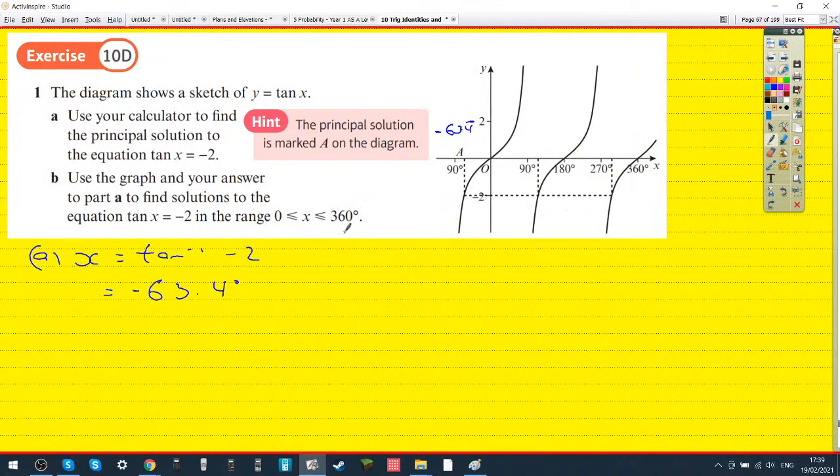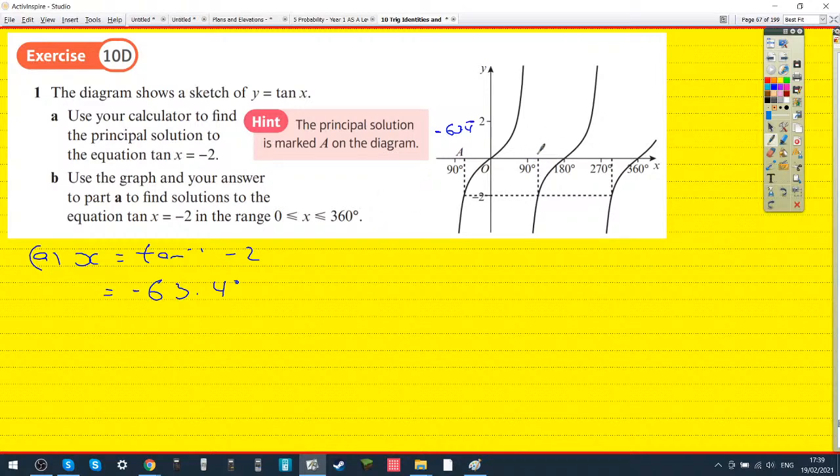Is the second one 423.4 because it's minus twice? 423.4. And how did you get that? Because 360 minus 63.4. That's for cos.